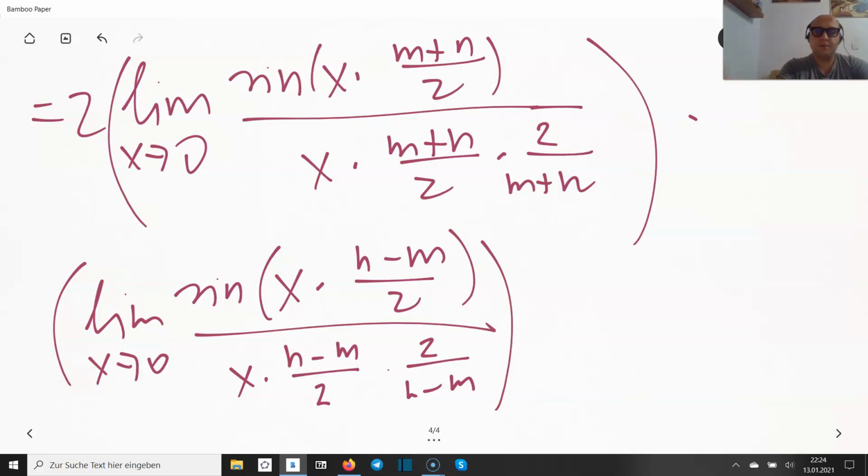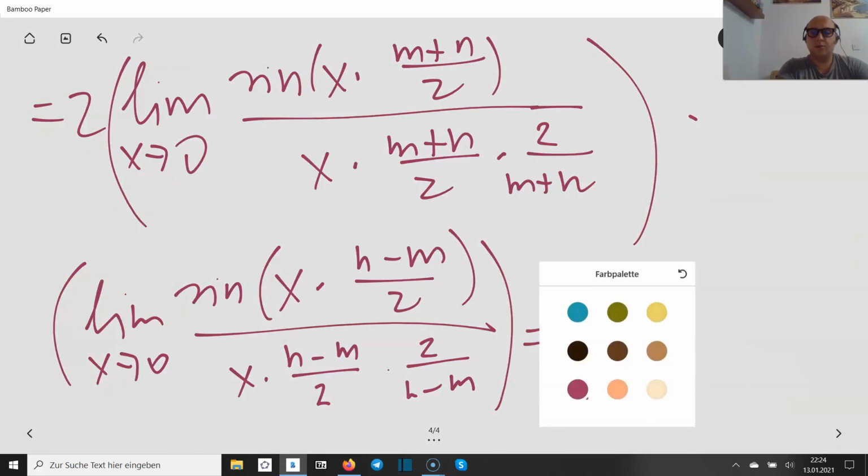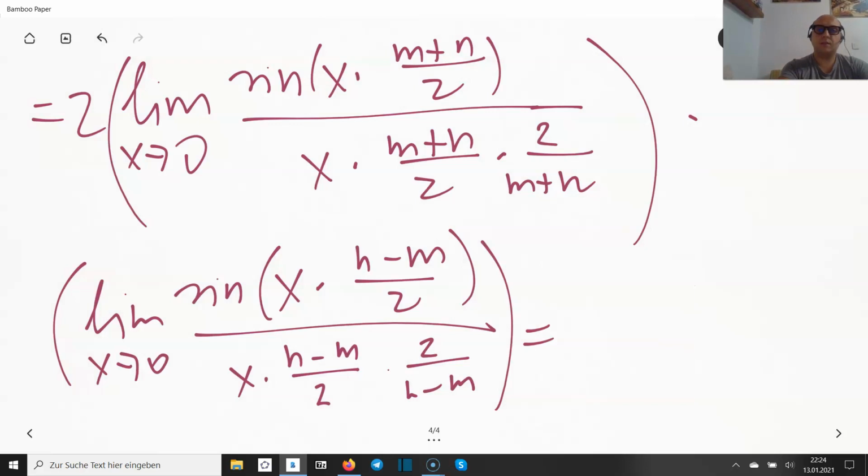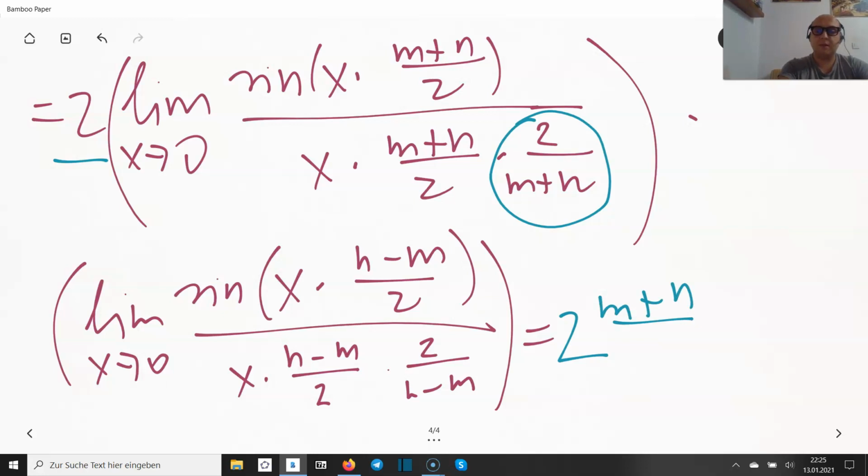So this is the second limit. Now you see maybe what's happening. So this is a constant. Division by that means I'm multiplying times the reciprocal, so I'm still having 2. I'm having (m plus n) divided by 2.